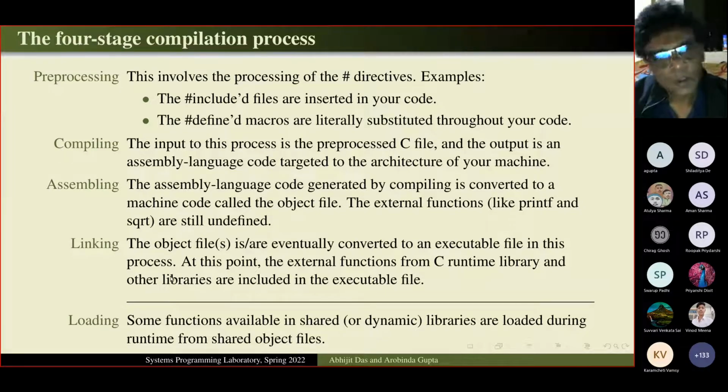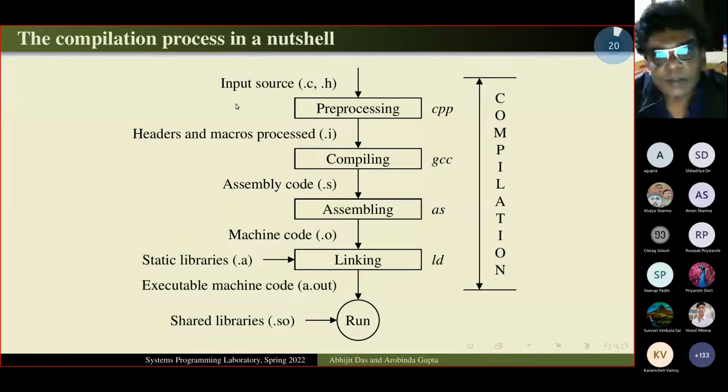So pictorially, it's something like this. Your input is a collection of .c and .h files. After preprocessing, you get your headers and macros processed. Typically, C uses this file with the extension .i.